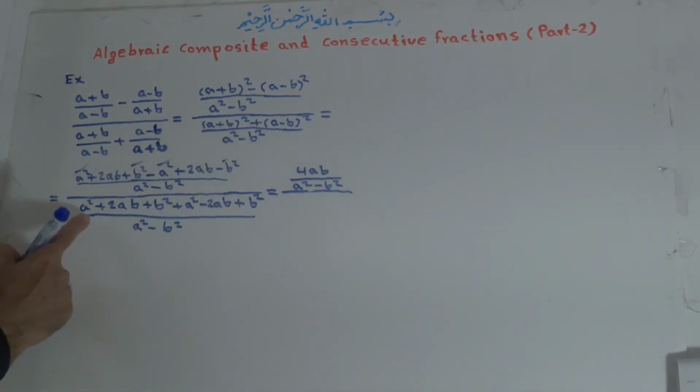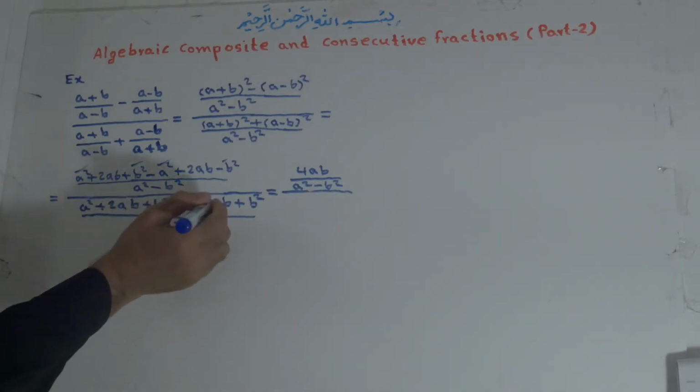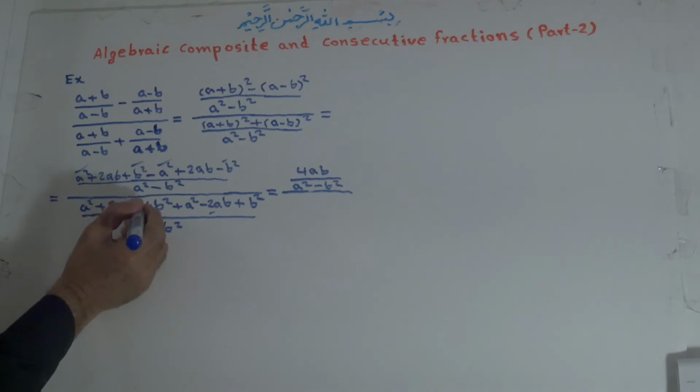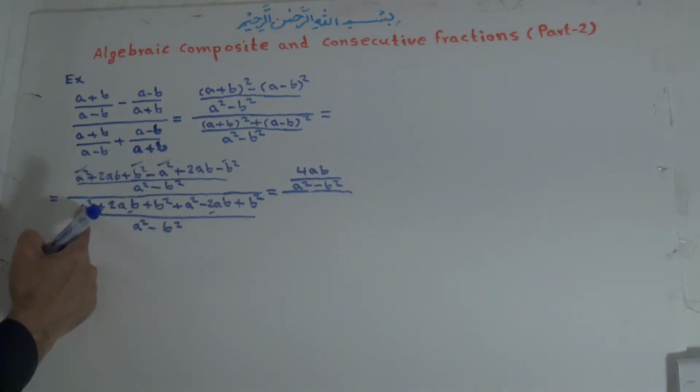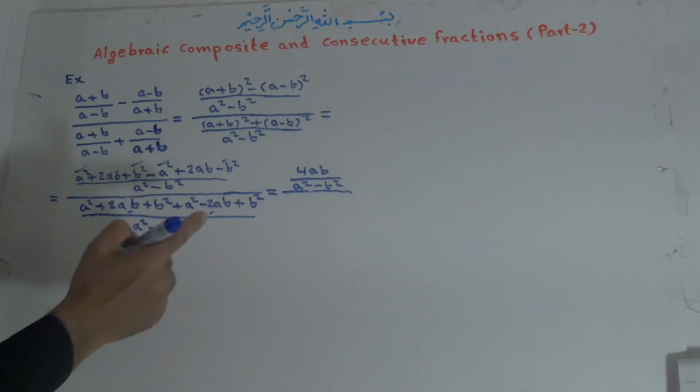Over, now here the positive 2ab cancels with the negative 2ab, remaining a to the power of 2 and a to the power of 2, and also b to the power of 2 and b to the power of 2.